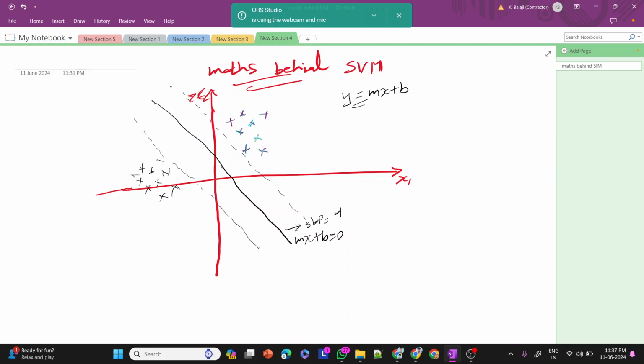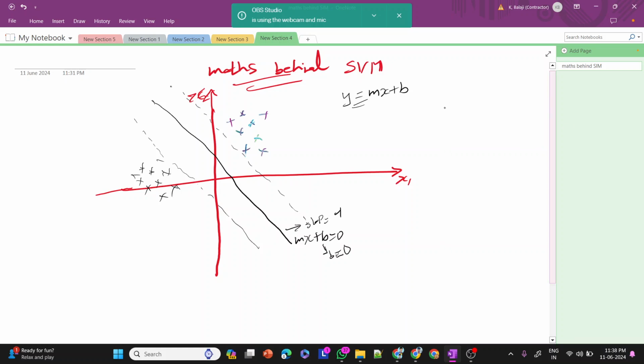Just consider this line is passing through the origin, so that the intercept of this line is 0. b represents the intercept and the slope is represented by m. For this line, consider the intercept is 0. Okay.